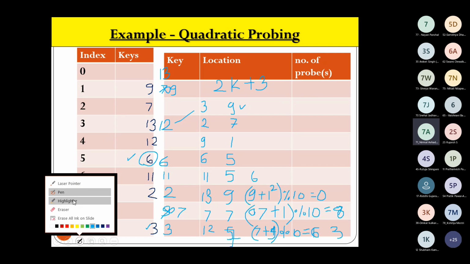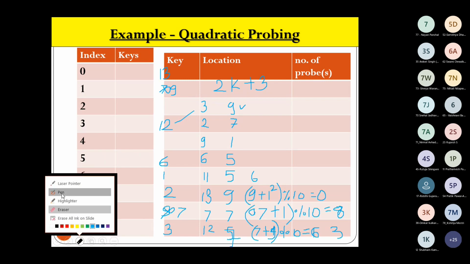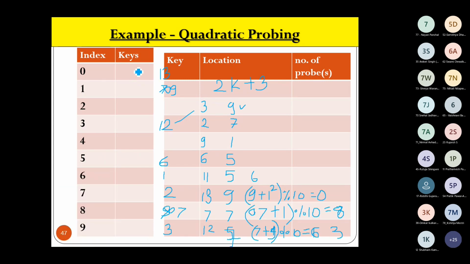Updated, at 0 13 will come. Just a minute. I will erase this part. Okay, I think now the final result of Prathamesh will be the correct one, right? So 3 will be located at 9. Then 2 is located at 7.